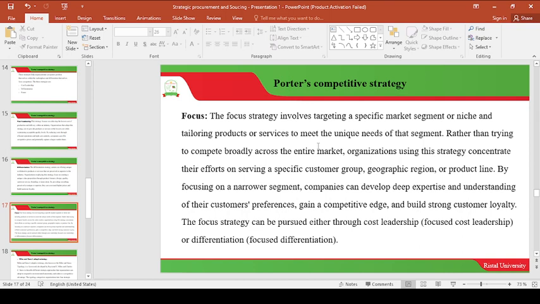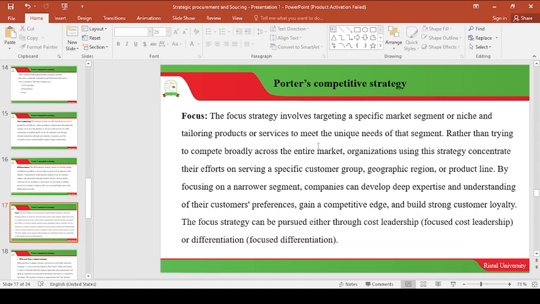The product will be available, the raw material will be available for that specific area, and all your energy and focus will be narrowed to that segment of the market. So the organization will end up gaining more profits because it has built brand loyalty for that product in that area.